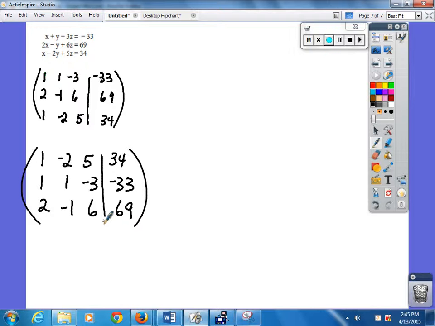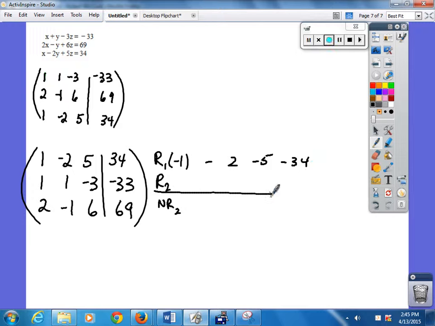I can get rid of this 1 by multiplying row 1 times negative 1, add it to row 2 to get new row 2. Row 1 multiplied by negative 1 gives me negative 1, 2, negative 5, and negative 34.